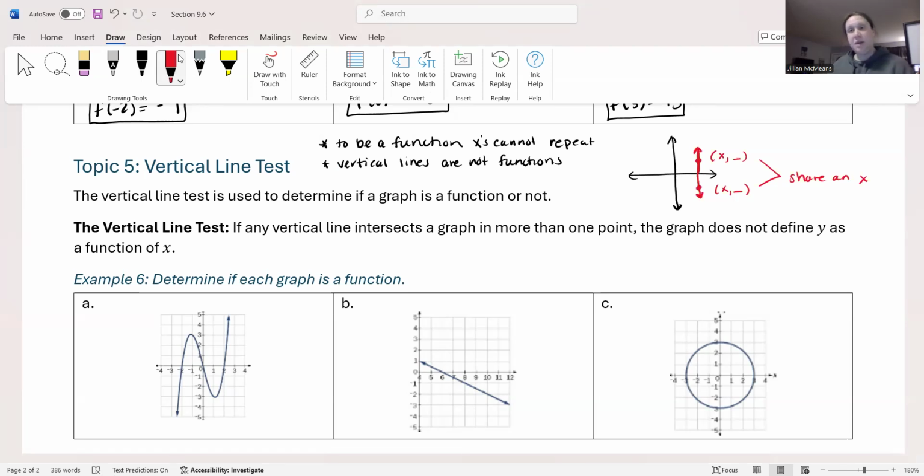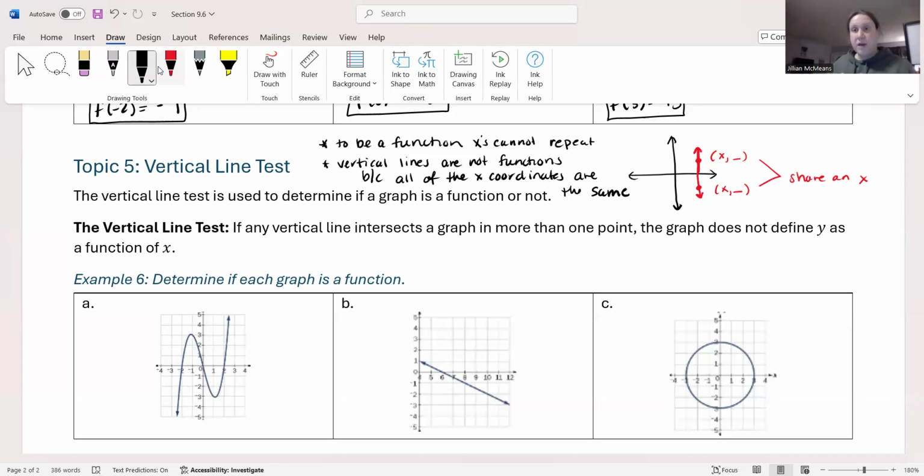So when you're dealing with a vertical line, it doesn't matter what point you look at, you're going to get the same x value. Vertical lines are not functions because all of the x coordinates are the same, which means the x repeats over and over. So we use that to our advantage.